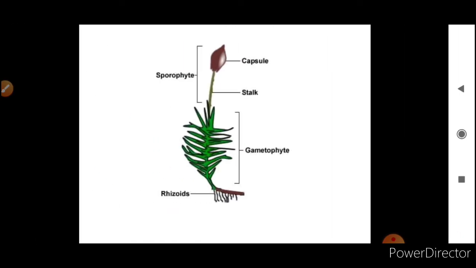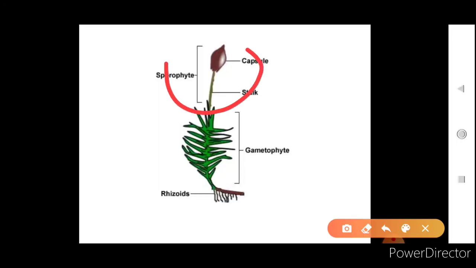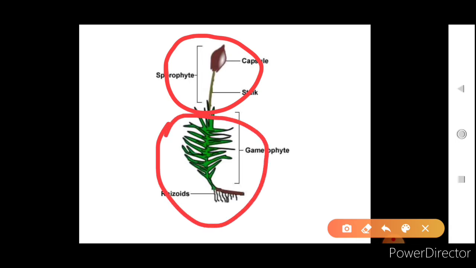This is the diagram of Funaria, in which you can see the upper region. This is the sporophytic stage, and this is the gametophytic stage.